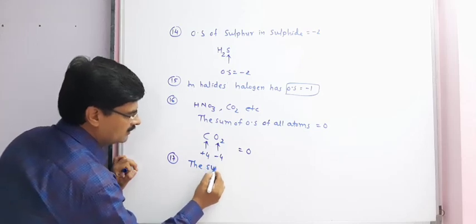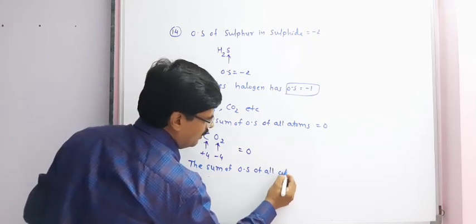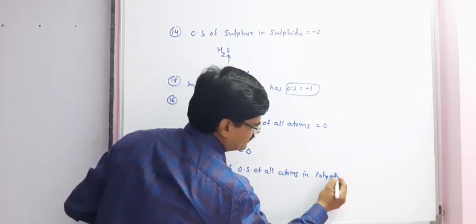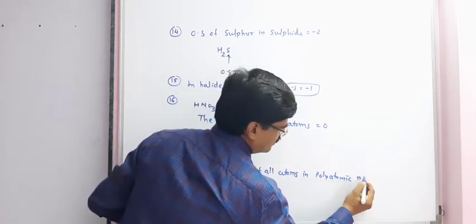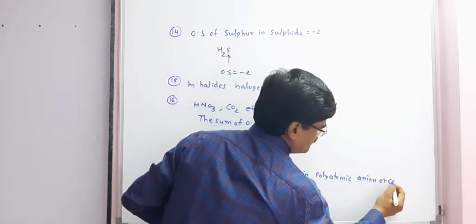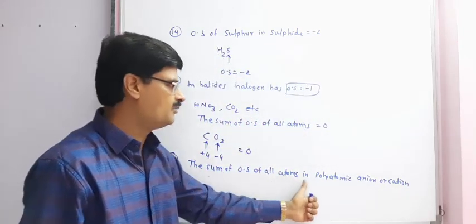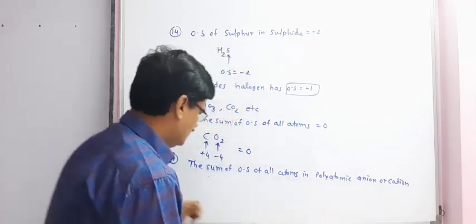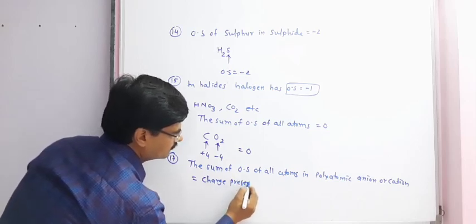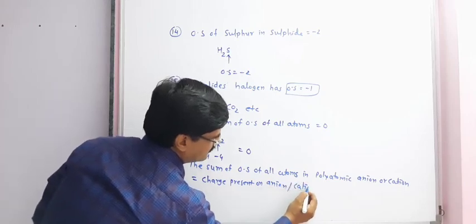The sum of oxidation states of all atoms in a polyatomic anion or cation is equal to the charge present on the anion or cation.